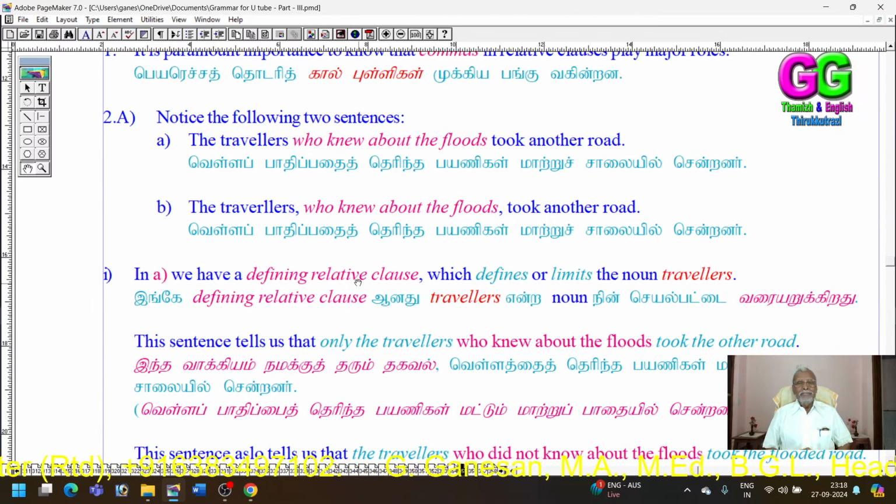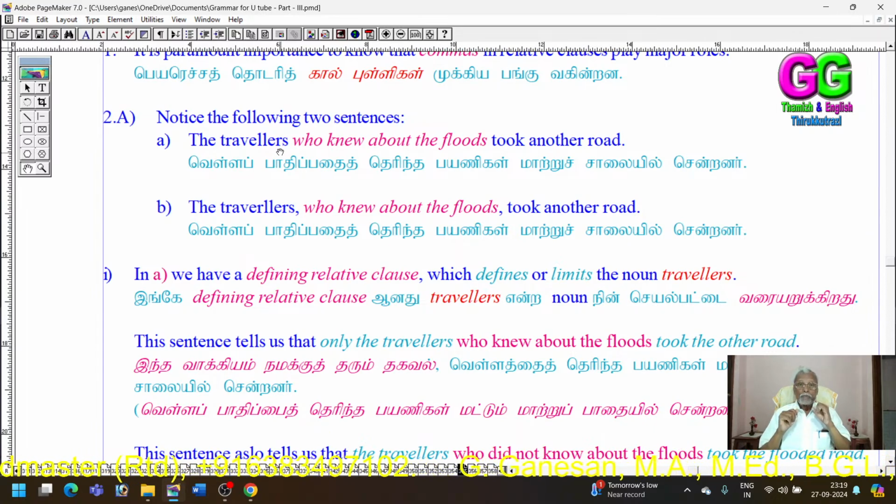My dear children, so you see this sentence: The travelers who knew about the floods took another road. This relative clause has two kinds of meanings.